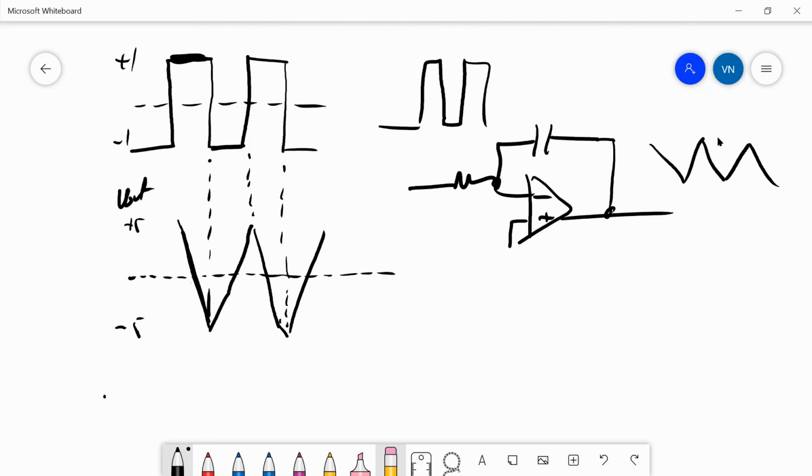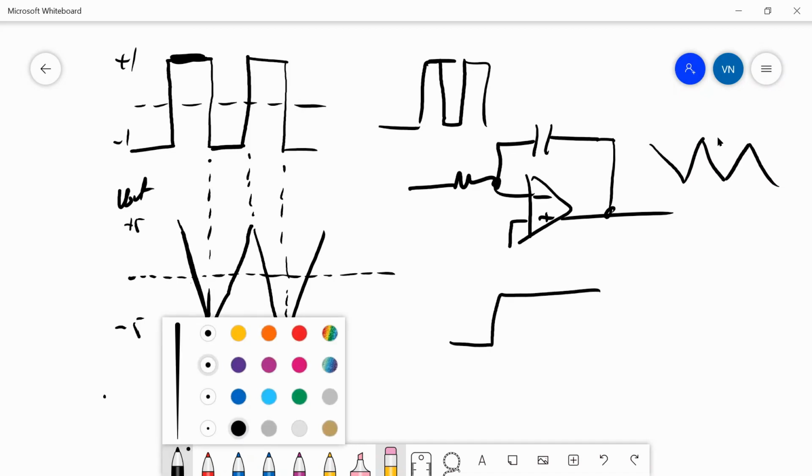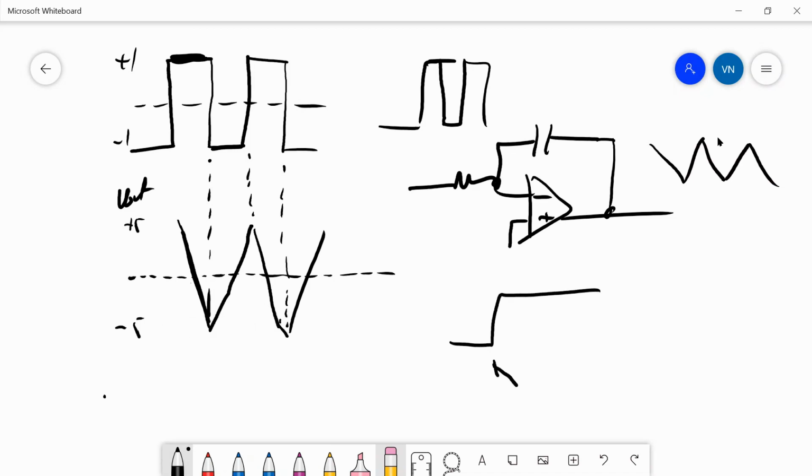Now, I picked these values so that I would get a triangle wave. If you let this sit too long at a high, the voltage will fall until it finally hits about minus 10 volts, the most negative voltage that the op-amp can put out, and then it will stop falling because it can't go any further. It will flatten out at the most negative, and then if I toggle the input, it will charge up again until it hits the most positive value.